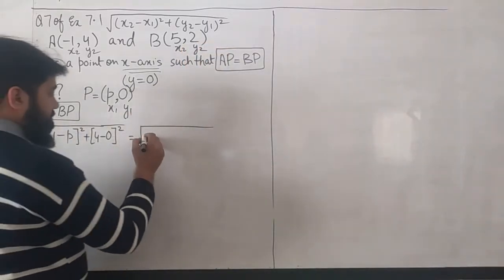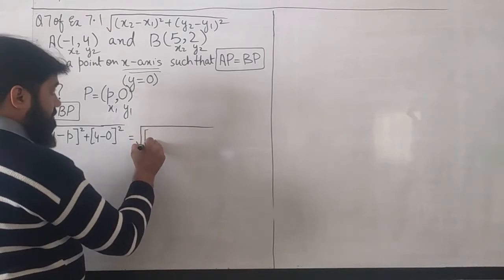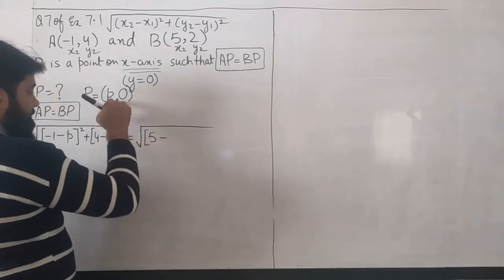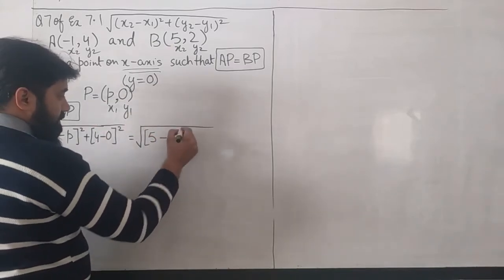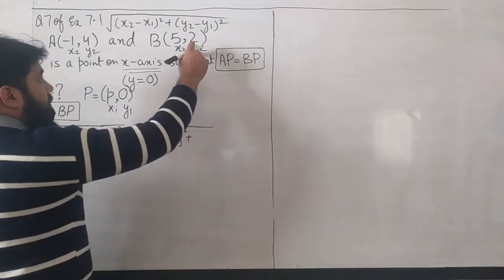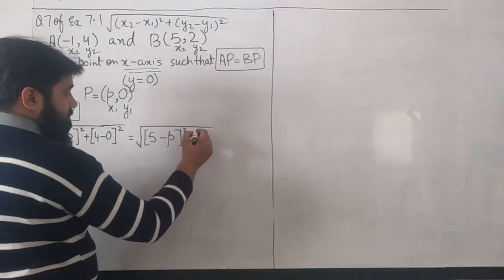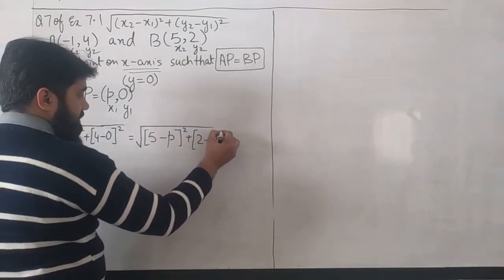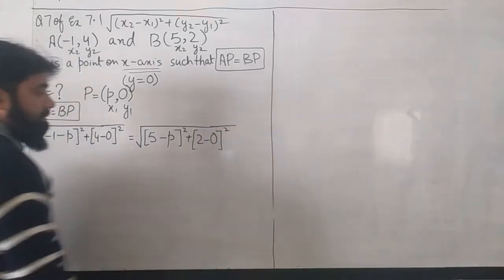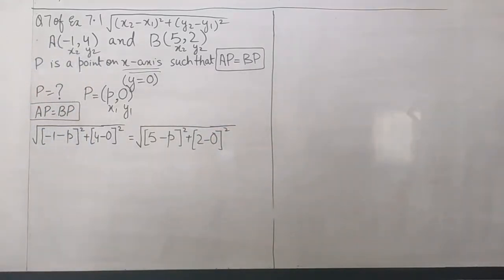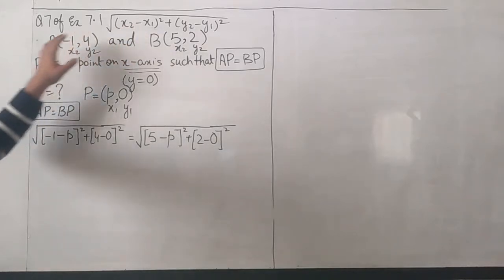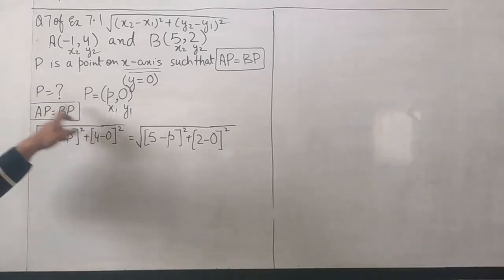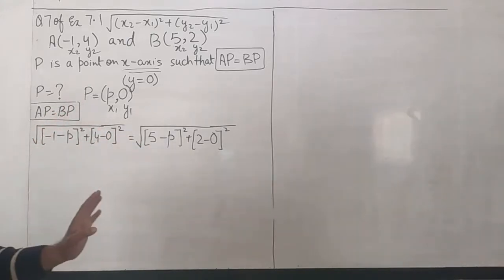So x2, that is 5, minus x1, that is p, whole square, plus y2, that is 2, minus y1, that is 0, whole square. Okay, I have plotted x2 minus x1 for AP in the distance formula, then equals sign, and then for BP I have done the same thing.